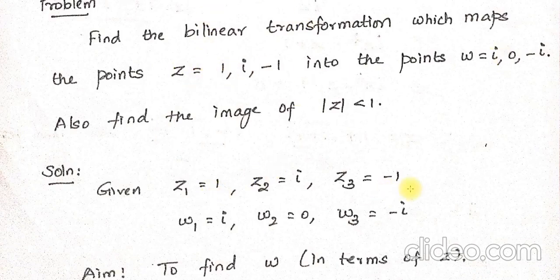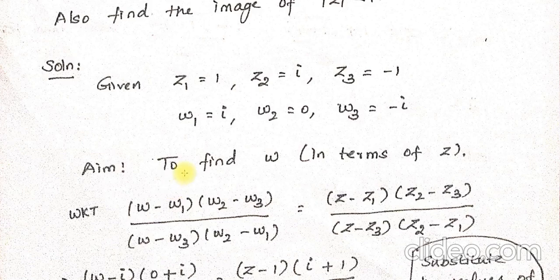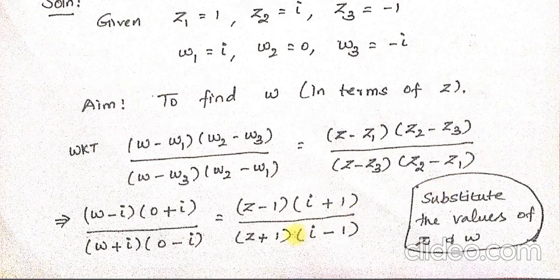All the finite points, and again we are writing the formula. Again, our aim is to find the value of W, which should be in terms of Z. See, what we did there is, we directly substituted whatever points were given there, right? Just check it out from the initial step itself.